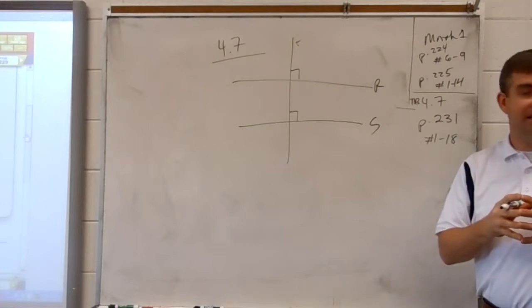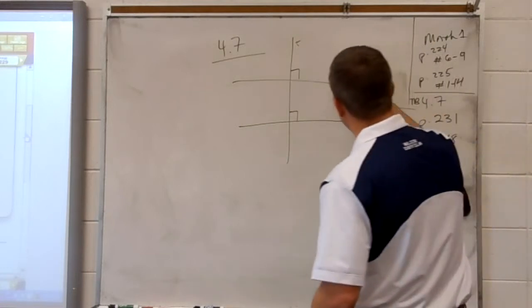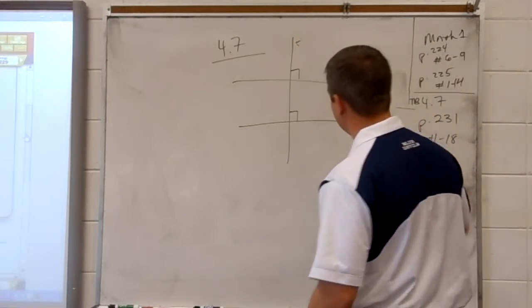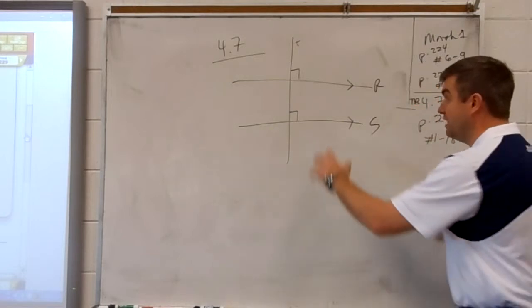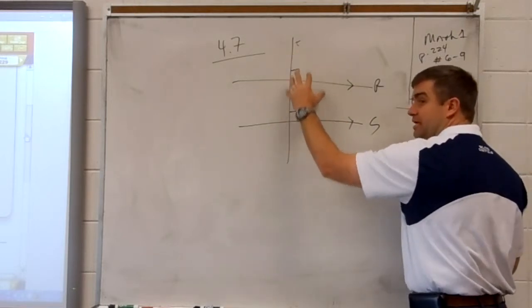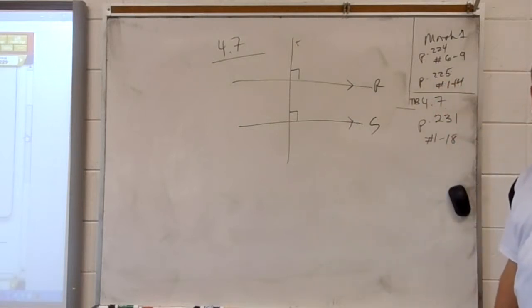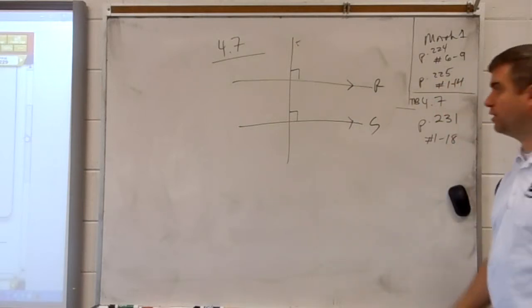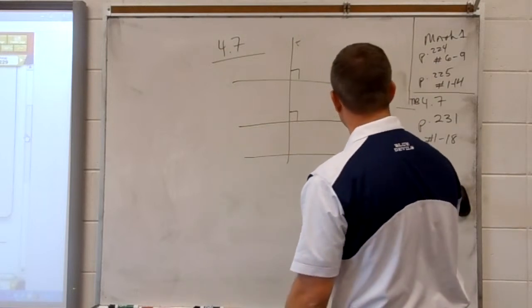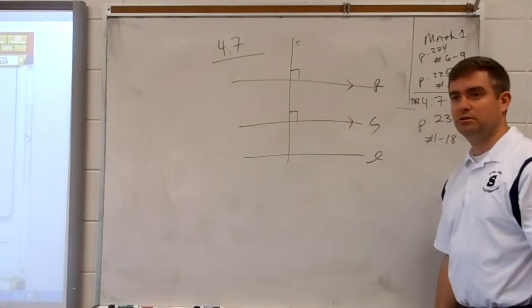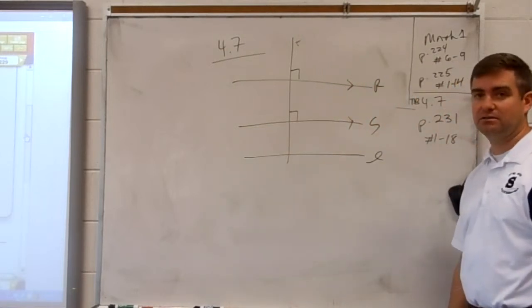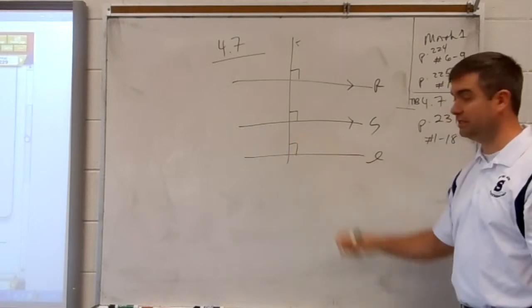They're parallel. Then they are parallel. Parallel here, parallel here. So if this is perpendicular, then you can say parallel. Okay, questions? All right, what about now? Here's L. Can I say that L is parallel? No, why not? Can I say that L is parallel now?